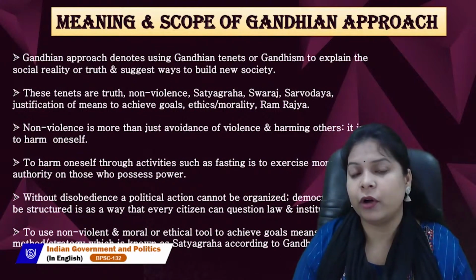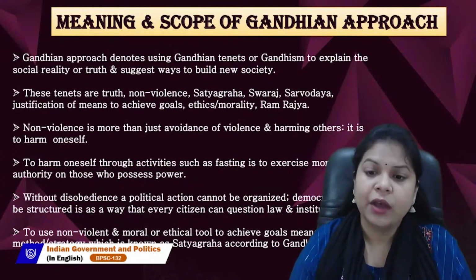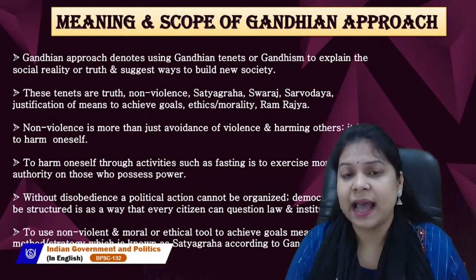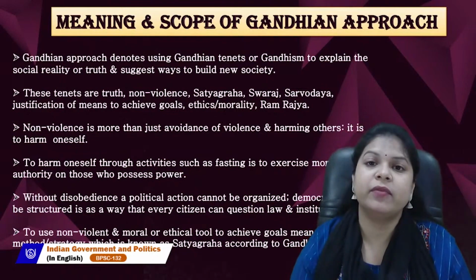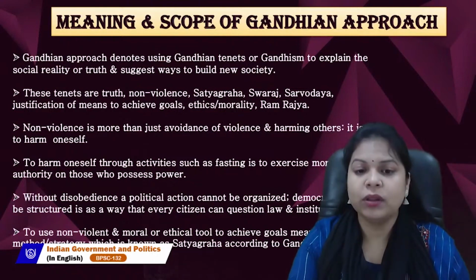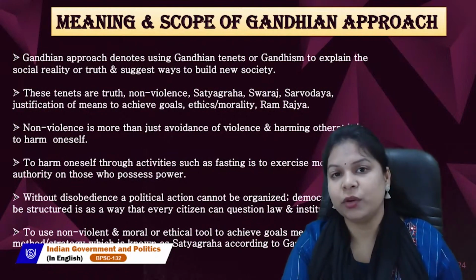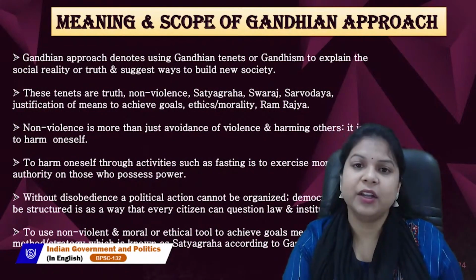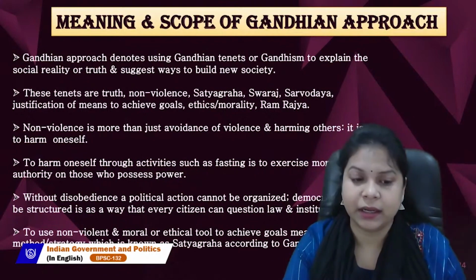Ram Rajya is an ideal society where there will be peace and harmony among all citizens, irrespective of differences on the basis of caste or religion. For Gandhi, society should be very peaceful and there should be social harmony among people, irrespective of their identities.